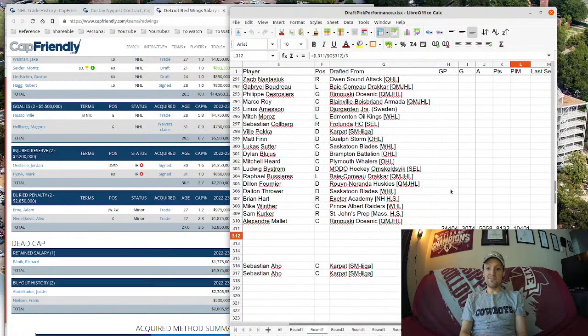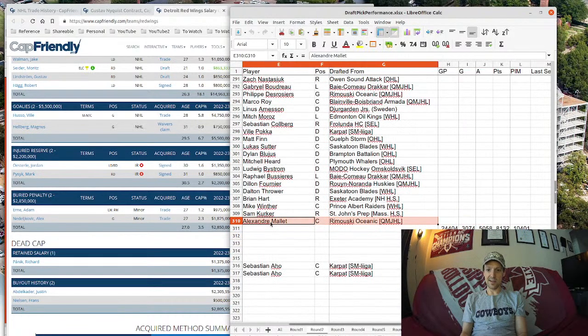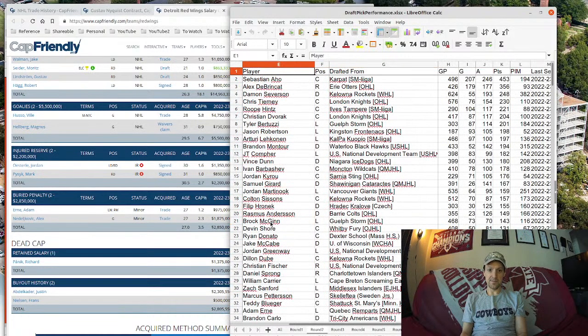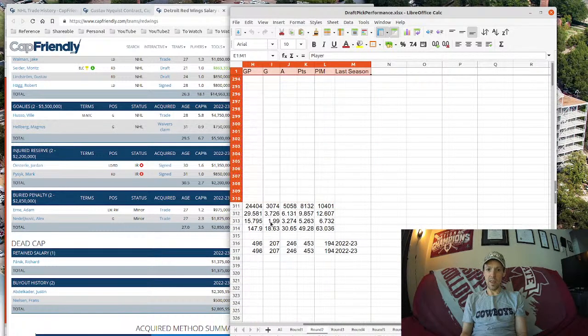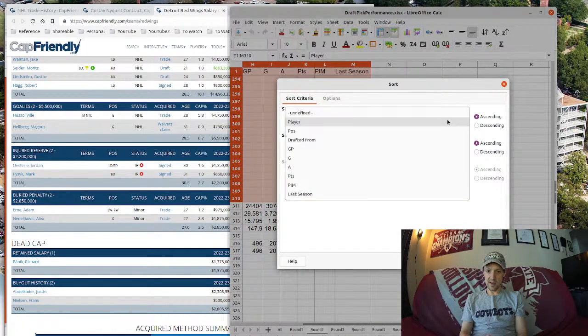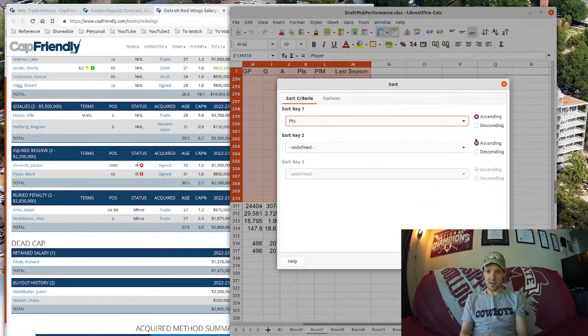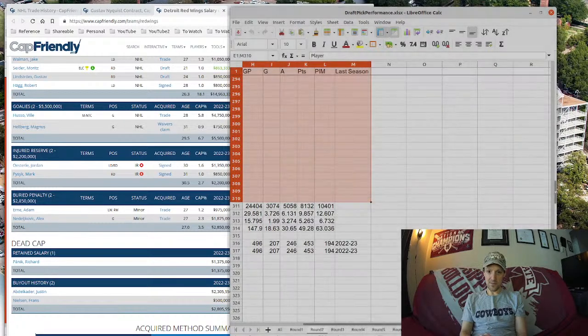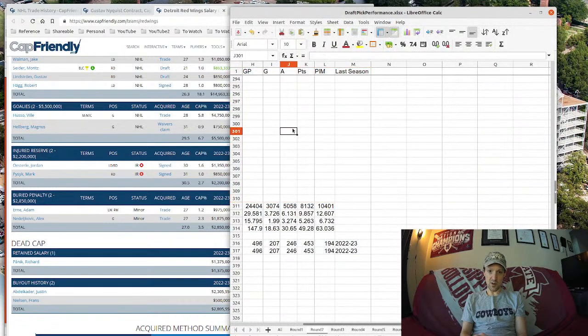Now, just for interest's sake, let's take a look at some players that you can get at different draft positions.